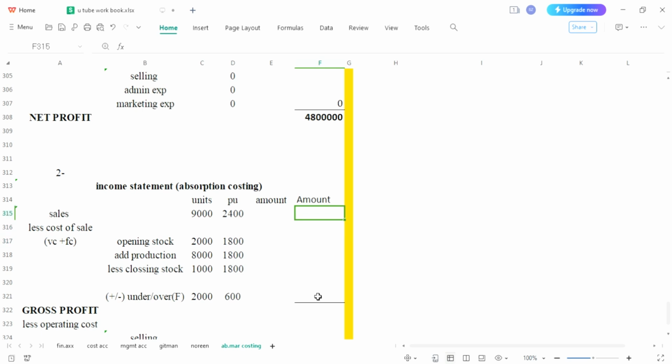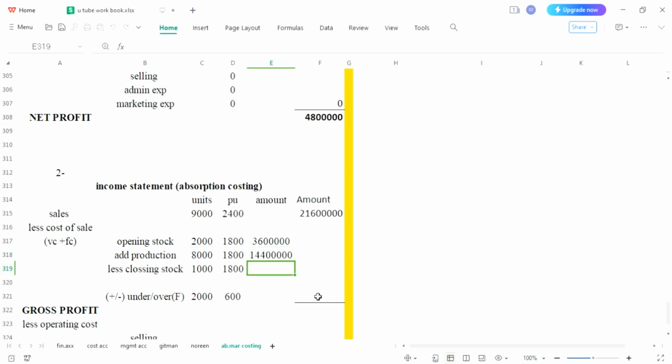First amount is for sales. Units would be multiplied by per unit. Units are 9,000 and we need to multiply by per unit 2,400. Sale we have calculated. In the inner column we will calculate opening stock units multiplied by per unit. We have got our opening stock, then units of production multiplied by per unit of production.